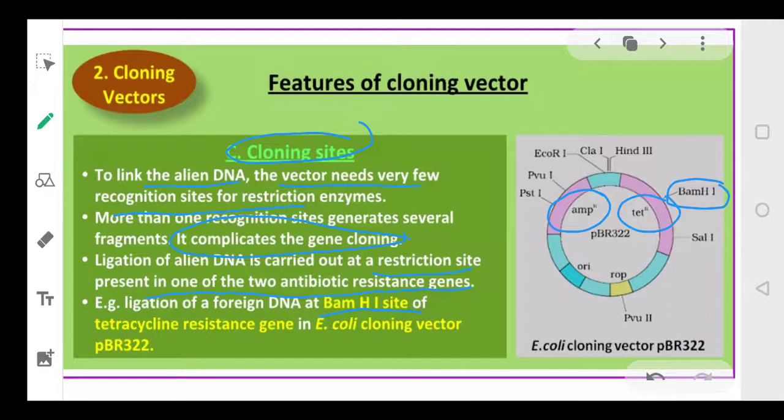So now we have introduced a foreign DNA in the Tet region.